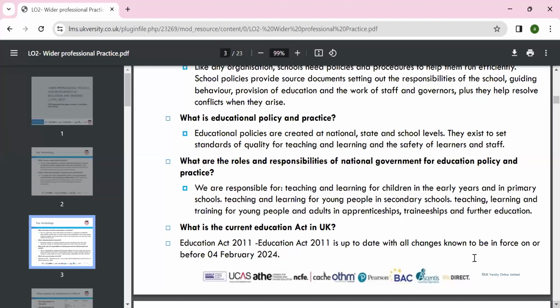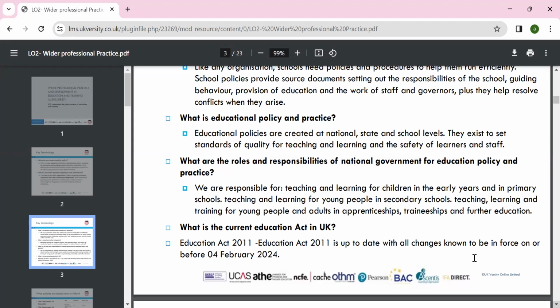Education policies are created at national, state and school levels. Of course, we have local LEA policies, local authorities, and then national level as well, to streamline and run the organization effectively.